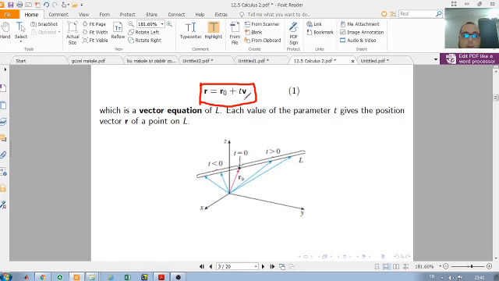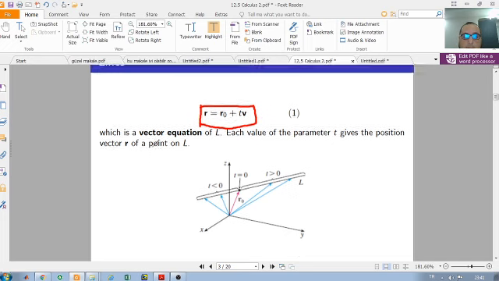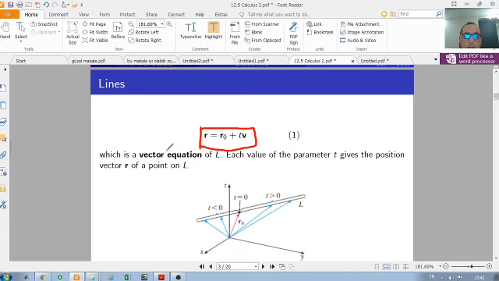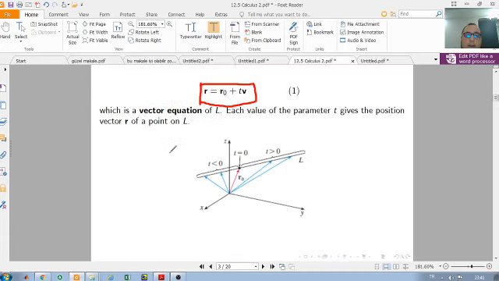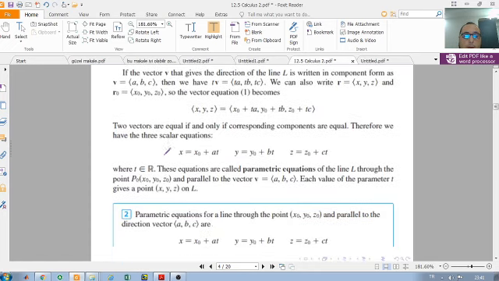Okay, so just writing a number for t, we obtain the points of the line in three-dimensional coordinate system by using the vector equation representation. This is the first form for stating an equation of a line in three-dimensional coordinate system, and it is called vector equation.